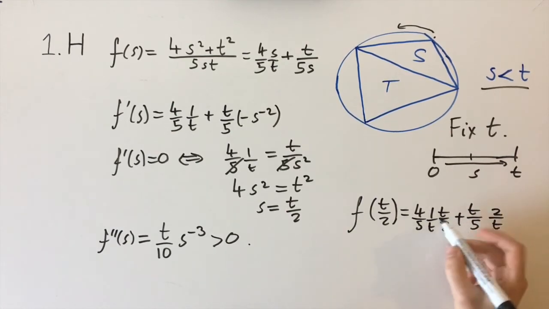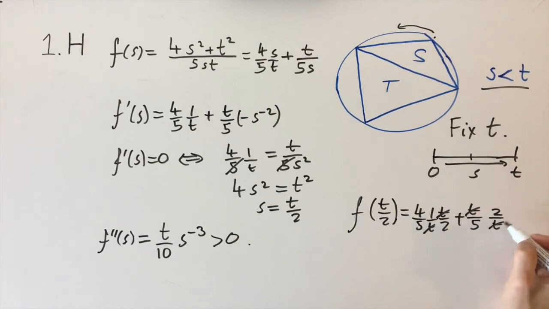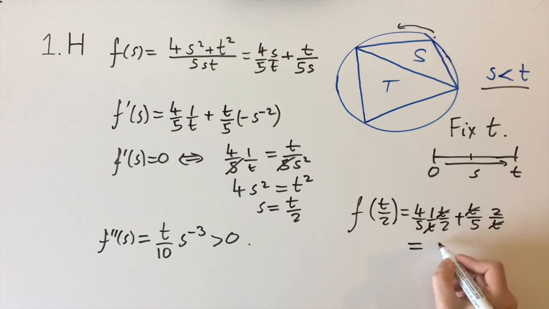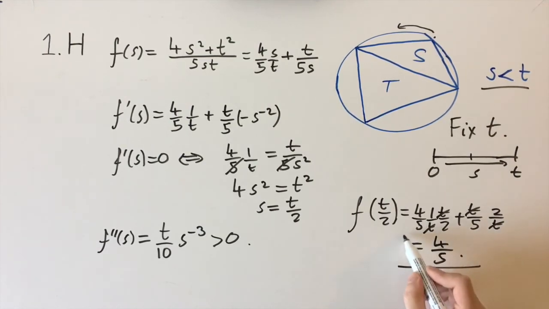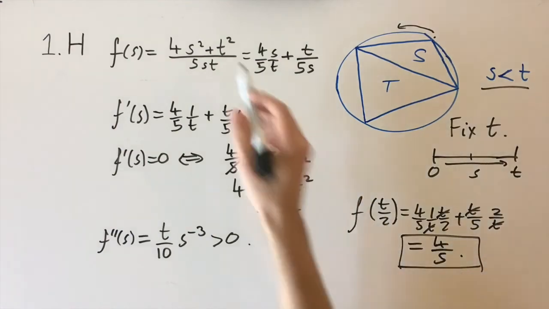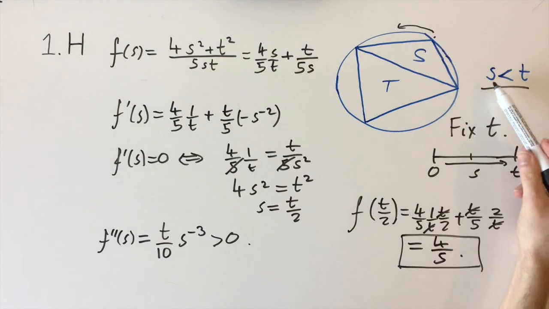It's very convenient because the t's cancel, and we're just left with a number. So we'll have 2 over 5 plus 2 over 5, which is 4 over 5. To summarize, this gives us the minimum value of this expression when these two triangles satisfy s is less than t.